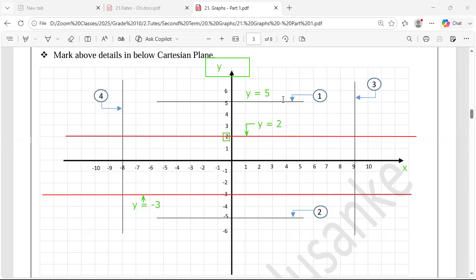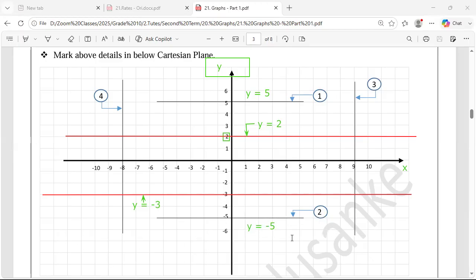Then they are asking the equation of line 2 as well. Line 2 is this horizontal line. It passes through the y-axis, so the equation should be y equals something. That something is the point, which is -5. It is very easy. That's how you are going to read it.